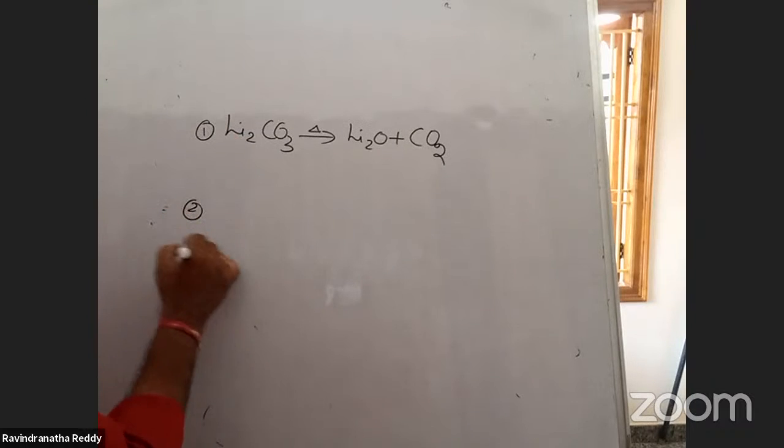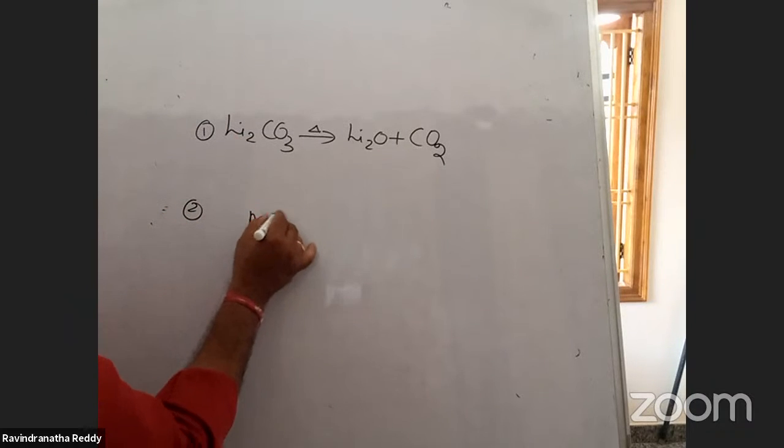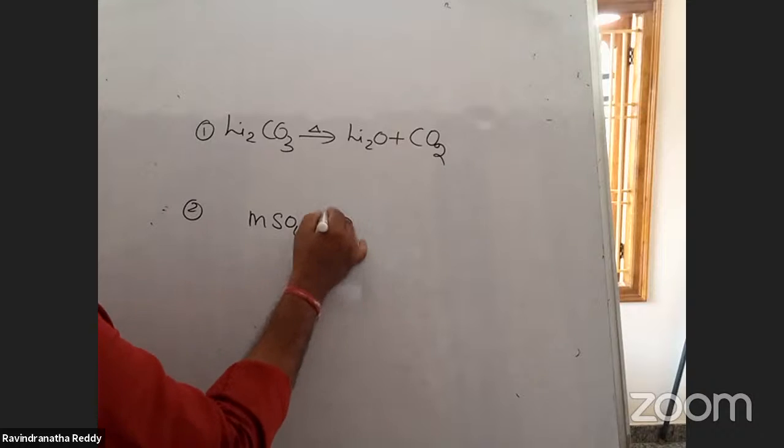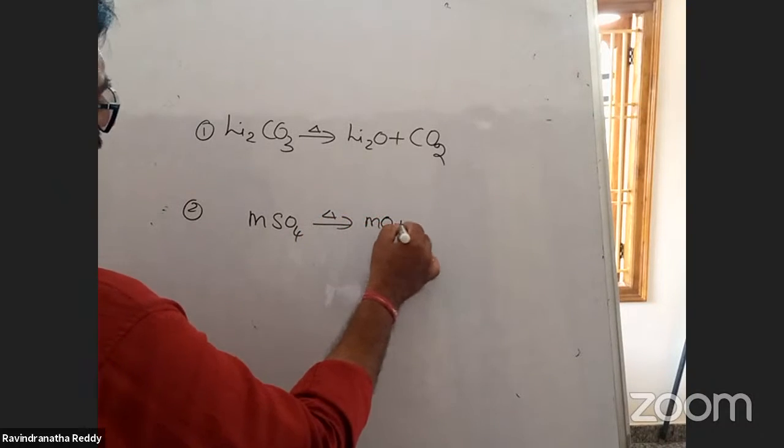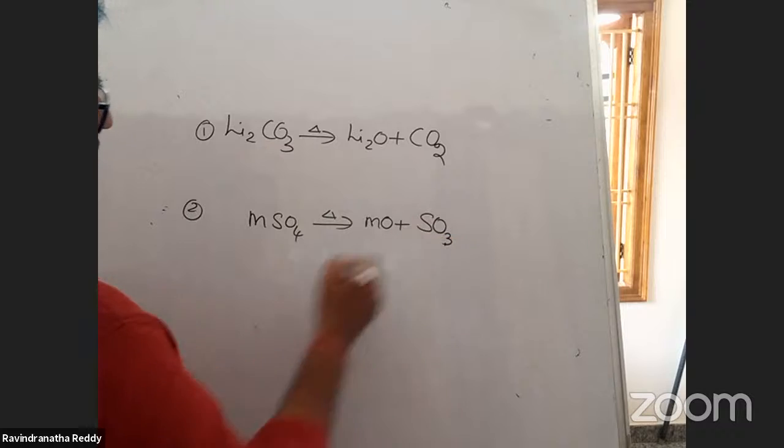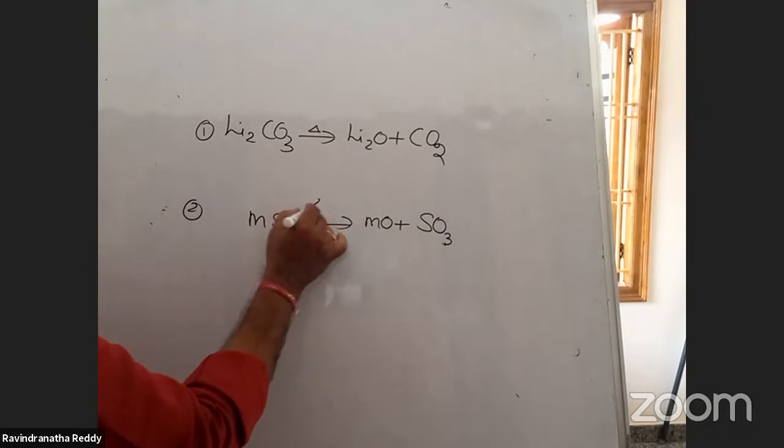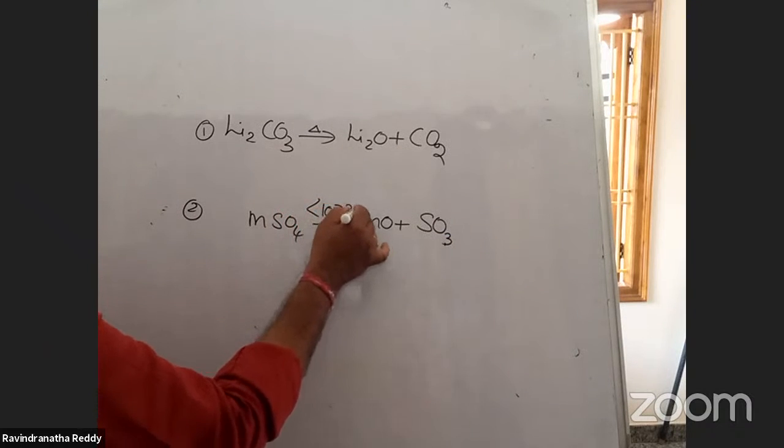Similarly, take sulfate compounds. Metal sulfates on strong heating, what are we getting? Metal oxide and SO3, below 1073 Kelvin.